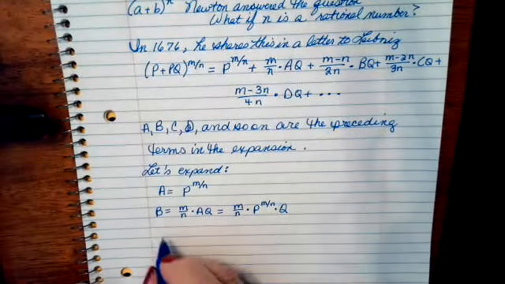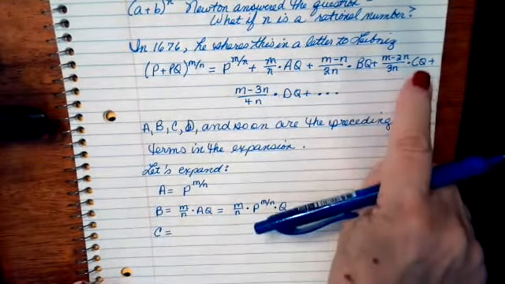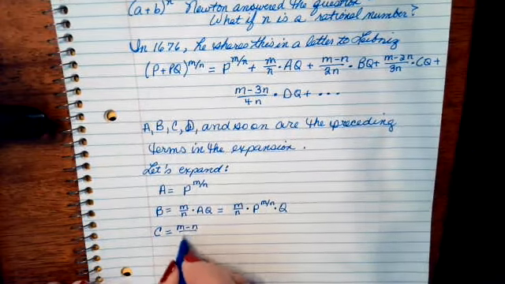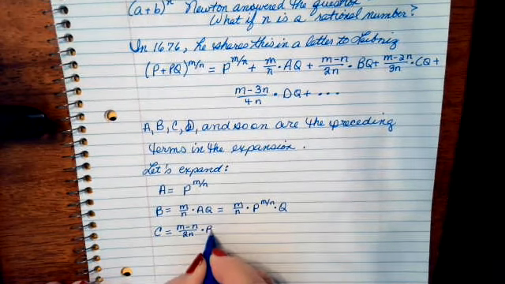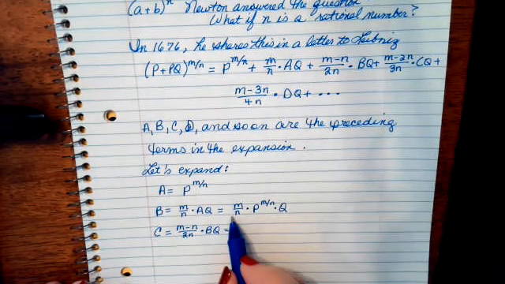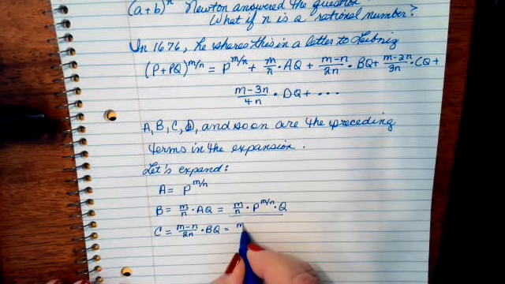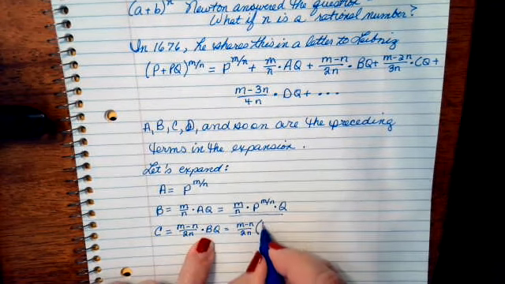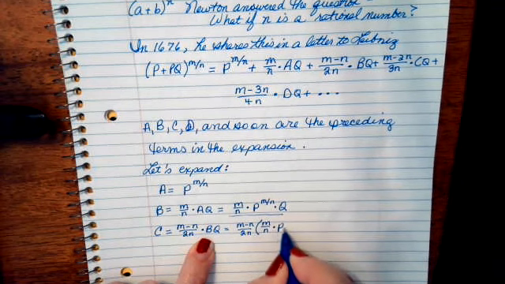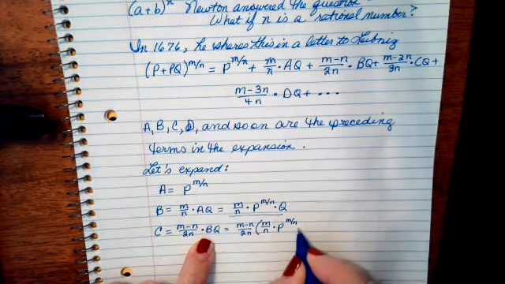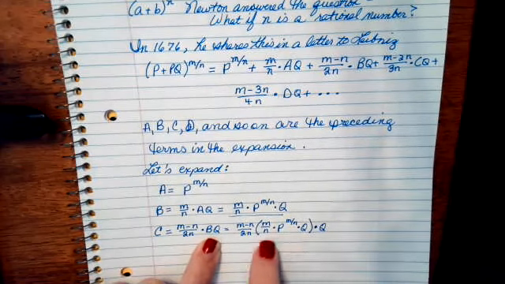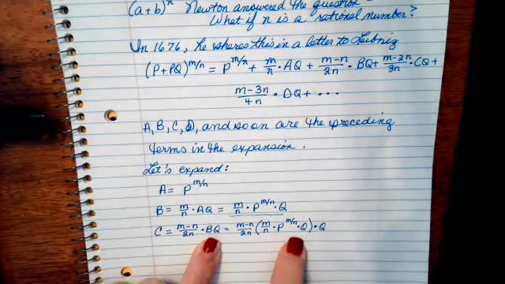Okay. So what's C? Well, C is the preceding term, which is m minus n over 2n times BQ. And here's B. So this is m minus n over 2n times B, which is m over n times P to the m over n times Q, times another Q. That expression in the parentheses is what B is equal to.